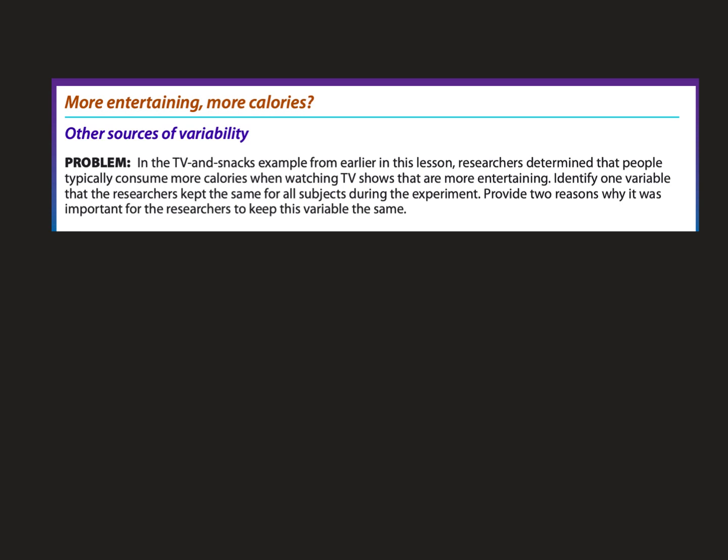So one thing that was the same during all, so the length of the clip, the amount of time, length of time they watch TV, was kept the same for all the treatments, for all three treatments.